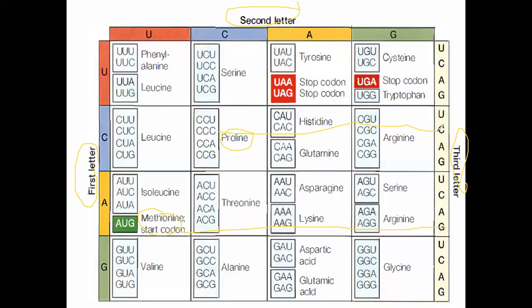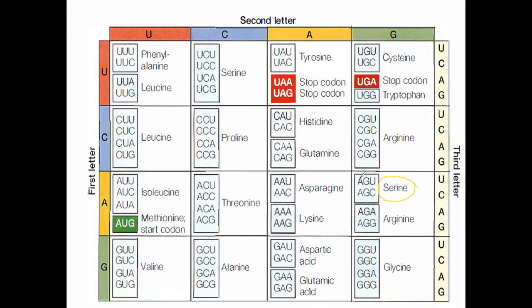Any questions as it relates to reading this table before I move on? Okay, well, let me do another example just to be certain. If you look at serine over here, the first letter is A, so it's in this row.